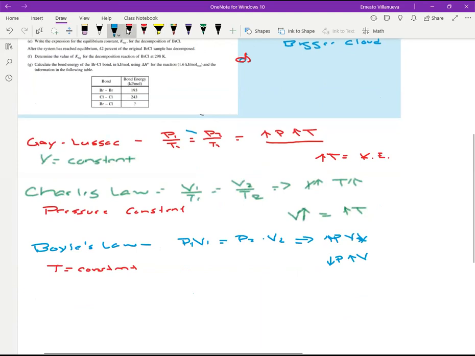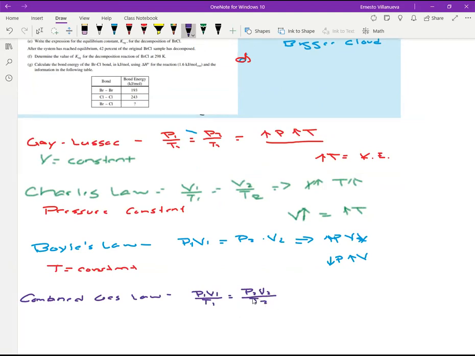Next, we have the combined gas law. And this law just puts everything together. It says that the initial pressure and volume over the temperature is equal to the final pressure and volume over the temperature.